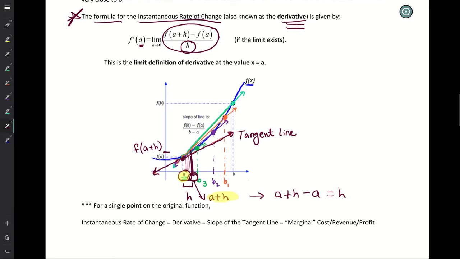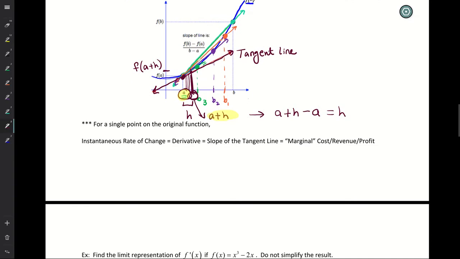All right. So one thing you need to know as far as terminology is for a single point on the original function, all of these things mean the same thing. So if you see a problem that asks you for an instantaneous rate of change, that's the same thing as them asking for a derivative, which is the same thing as them asking you for the slope of a tangent line, which is the same thing as marginal.